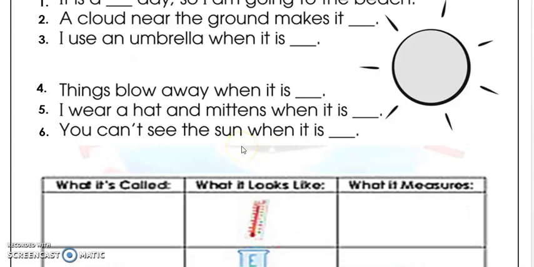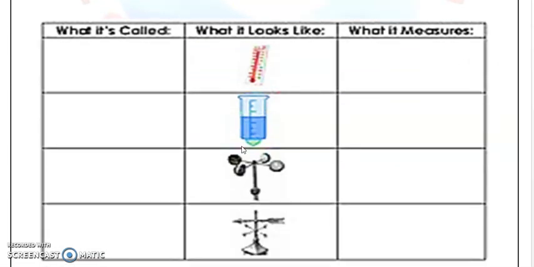Next, this is letter B. I know you know the names of these weather instruments, but you can go over to our book and find out the names and do this one. In this column, you're going to write the name of the weather instrument.